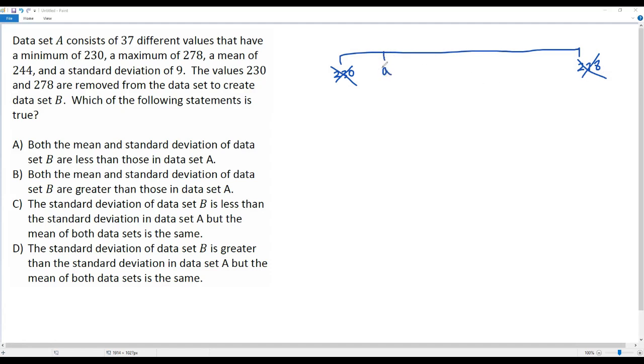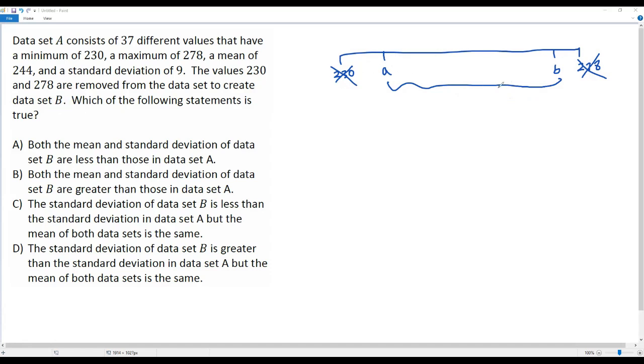Let's say a is the first value which is greater than 230 and b is the first value which is smaller than 278. Now the data has been restricted from a to b. So the original data was from 230 to 278.